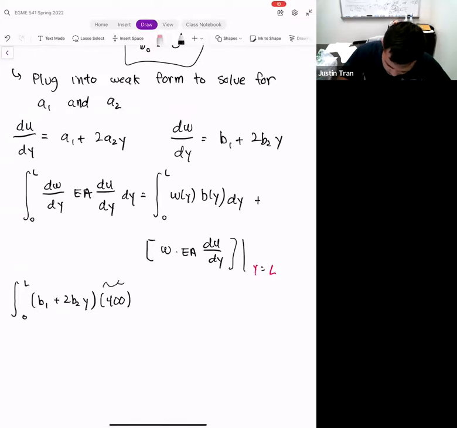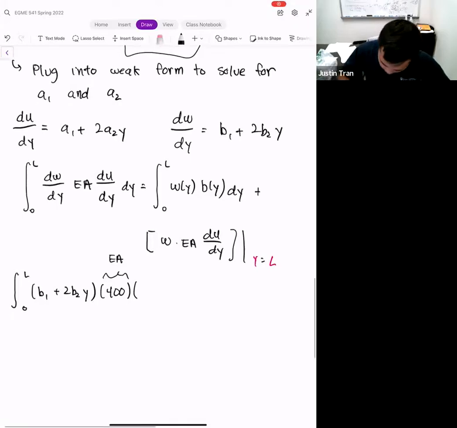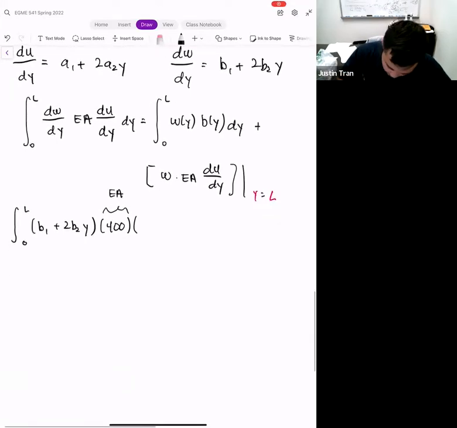This was a result of E times A. Luckily, they're both constants, and so that's good. And then we have du/dy, which is a1 plus 2a2y, dy.